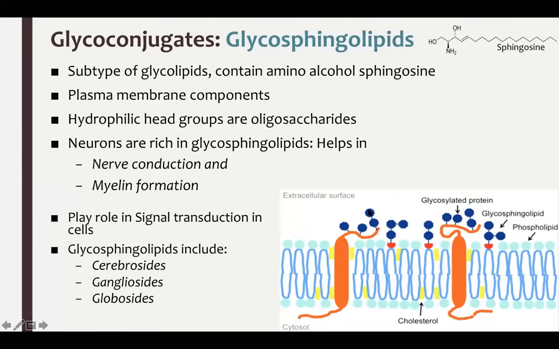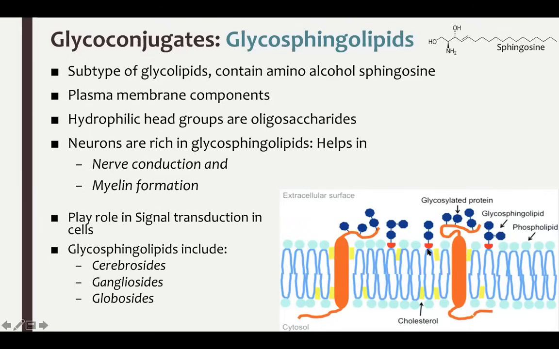In the neuron cell, there are two parts. One is the cell body, and one is the extended part where you will get the myelin sheath, and this myelin sheath is rich in glycosphingolipid. They also play a role in signal transduction in cells. There are a lot of cells in our body, right?